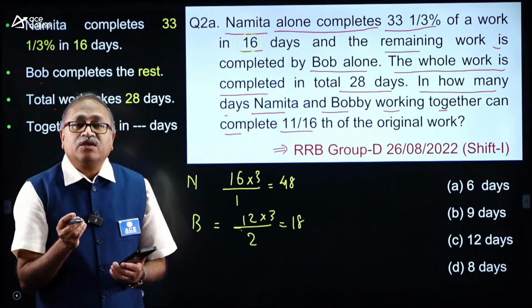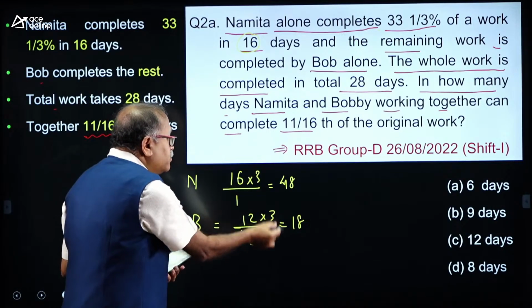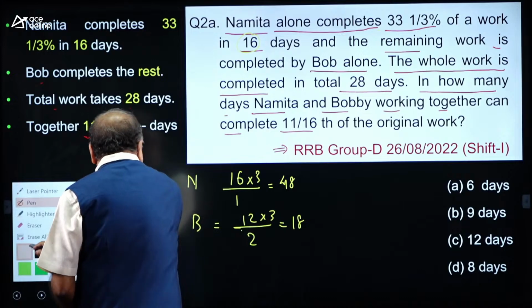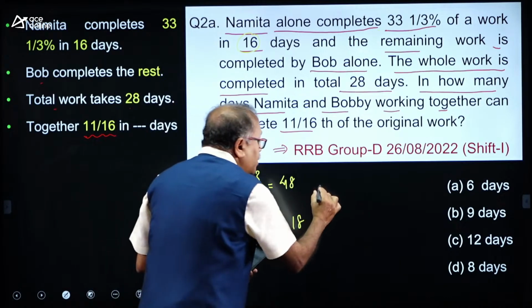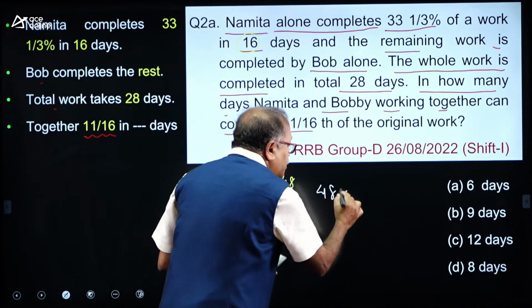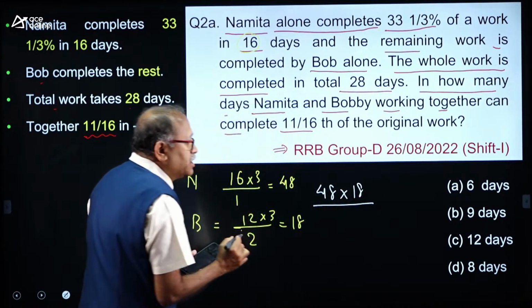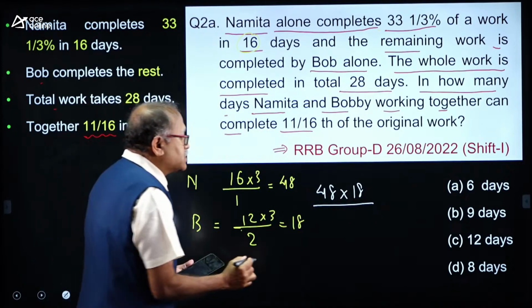So, the total work they can complete in how many days? Let us use the formula over here, that is 48 into 18 divided by 48 plus 18, which is 66.